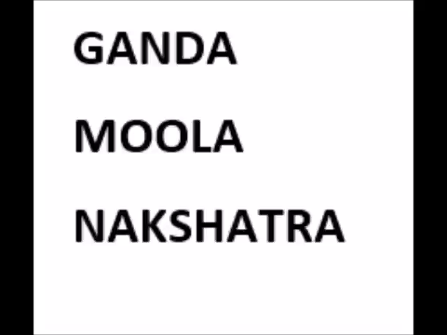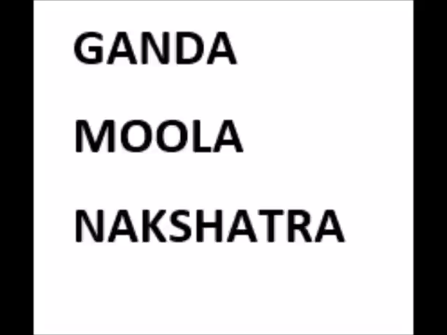But no, as we know that the nakshatras are divided into 4 parts or 4 padas, so the effects felt will be different if the child is born in different padas. Say, for example, if a child is born in the first pada, or the second pada, or the third pada, or the fourth pada, which are 4 divisions of a nakshatra, the effects will be different.